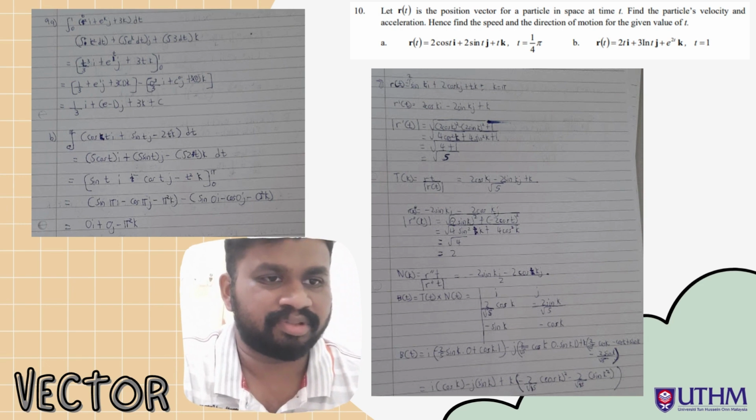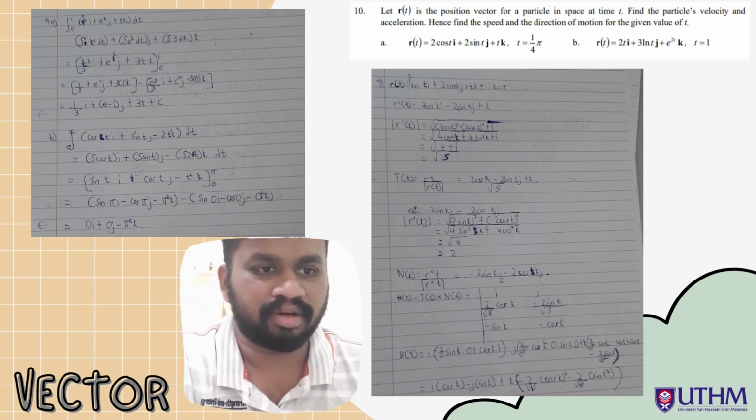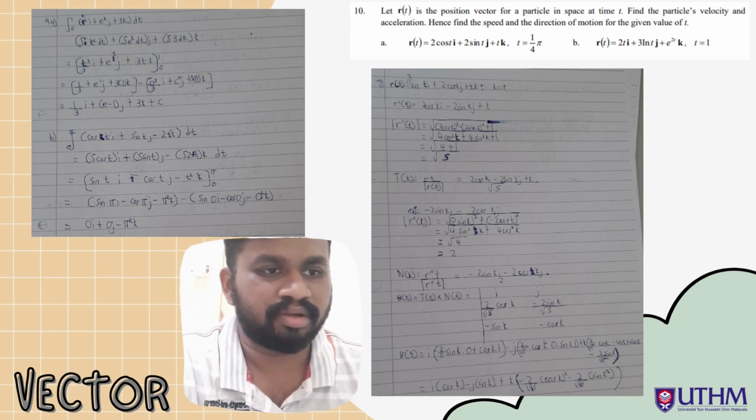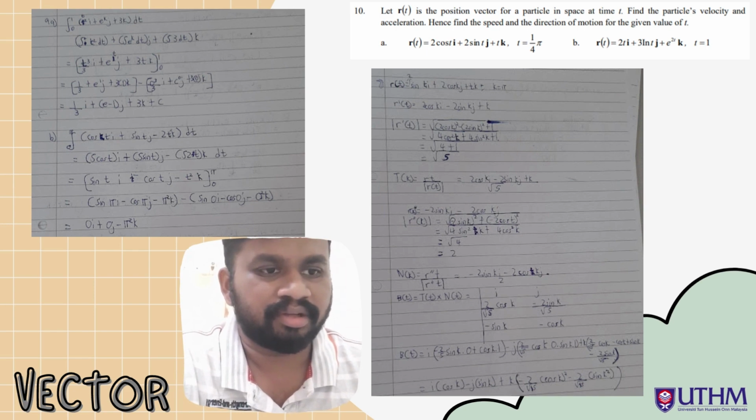The next up is the B question: 2t i plus 3 ln t j plus e to the power of 2t k. They already said t's value is 1. So r prime equals 2 i plus 3 over t j plus 2e to the power of 2t k. So we have to find the speed. Speed equals the magnitude of r prime, the square root of 2 square plus (3 over t) square plus (2e to the power of 2t) square.